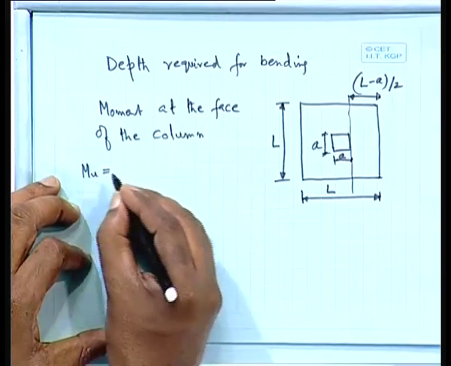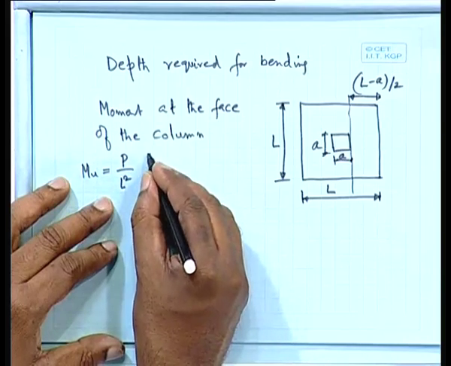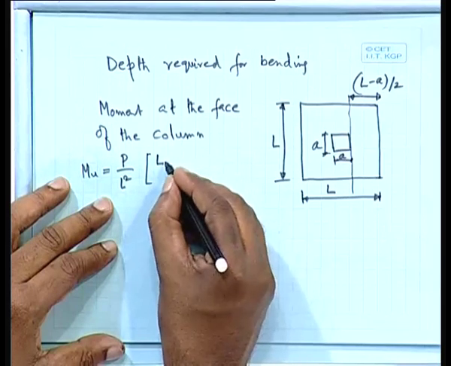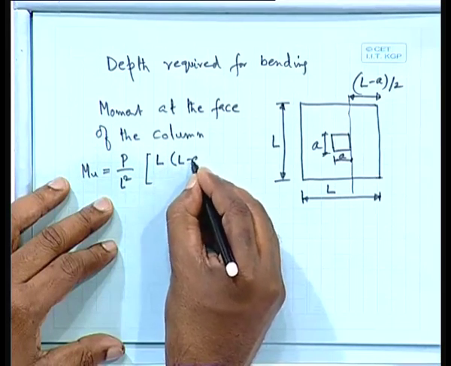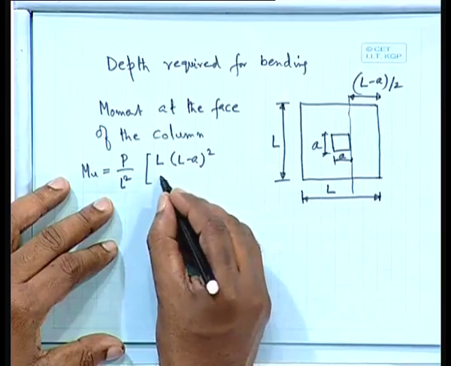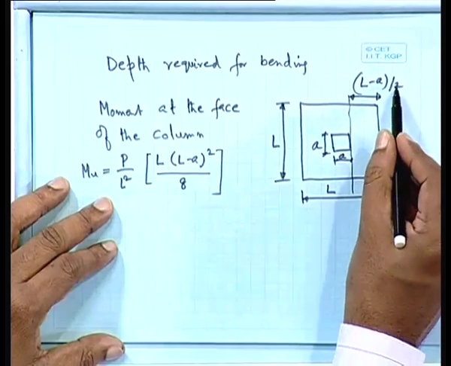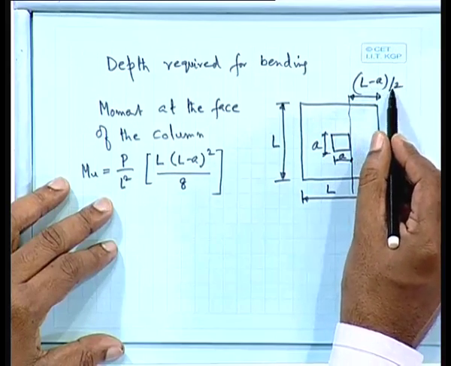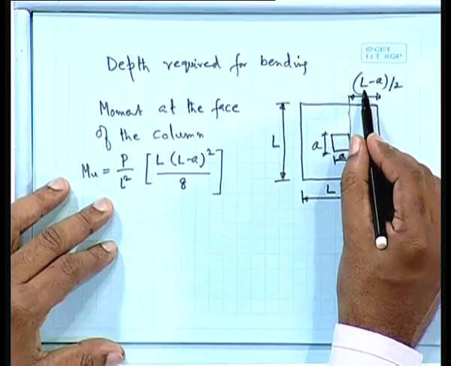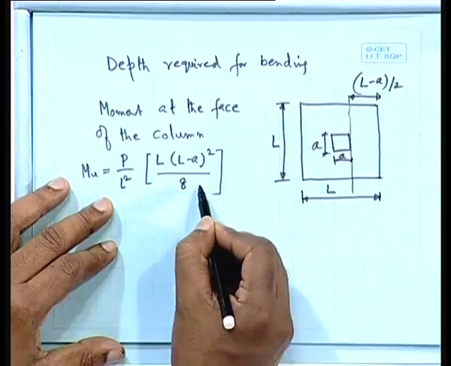We can write it as mu. So, P by L square times L minus A square by, as per this, which is coming as L minus A by 2, W L square by 2, where L is here L minus A by 2. Okay. So, we are getting this much.